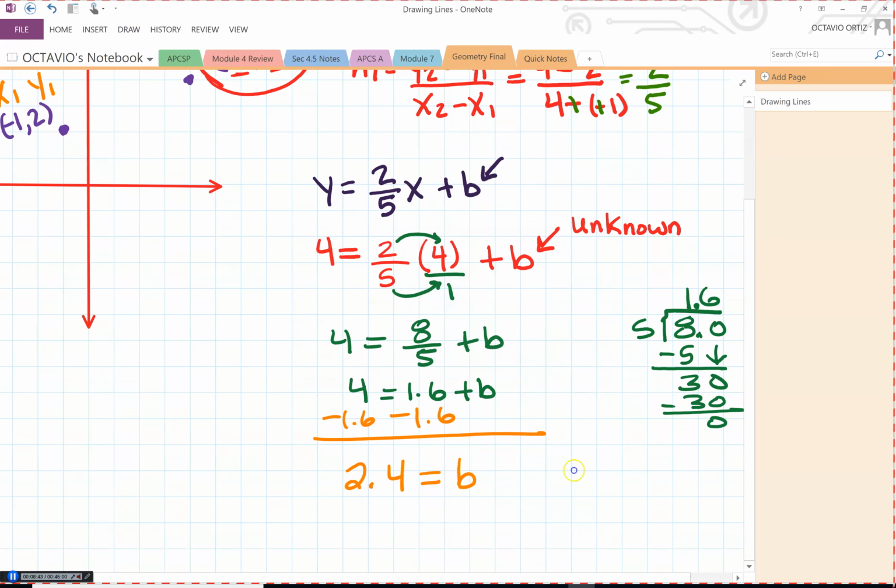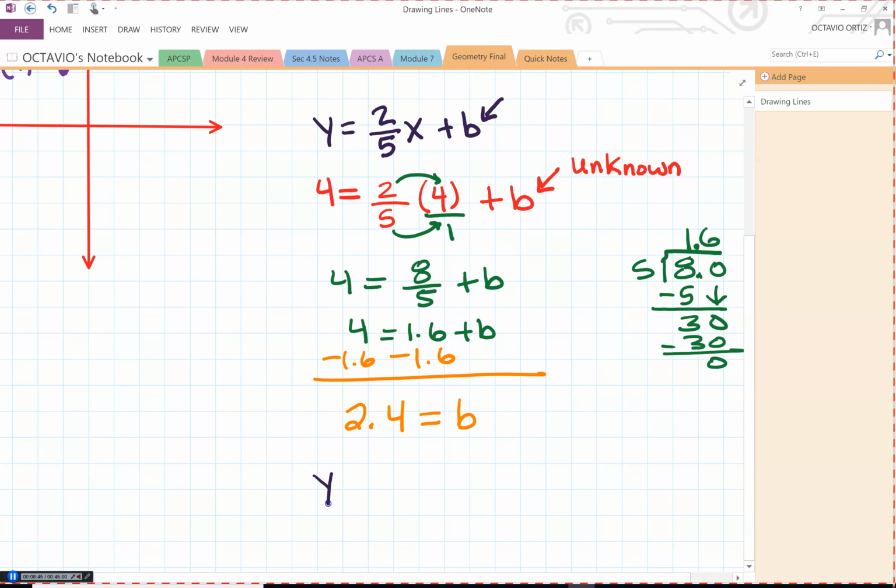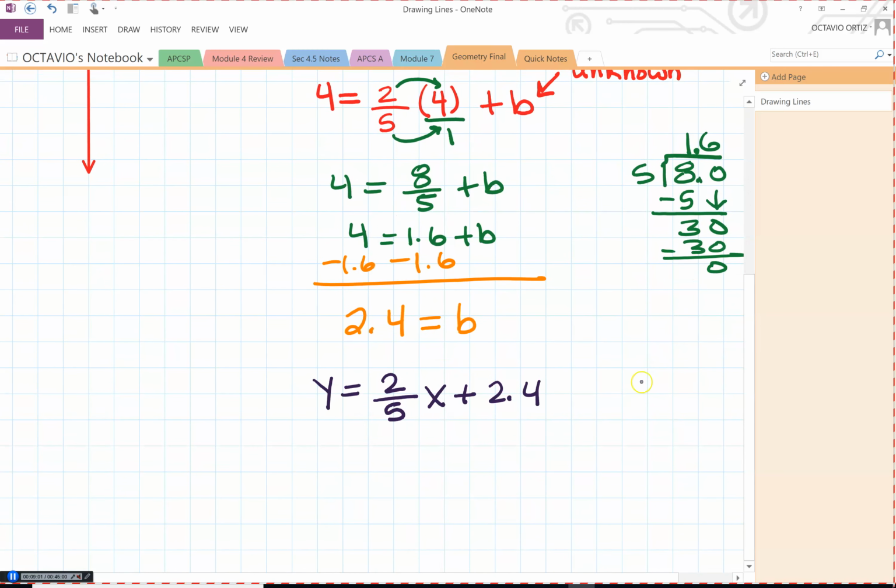The final equation is y equals 2 over 5 x plus 2.4. You can leave it as a fraction, that's fine. Or if you want, you can change it to a decimal. Again, you can divide, okay? Dividing is easy. Use a calculator if you need to. I'll divide just so you can see what the slope would be. 5 goes into 2 0 times.